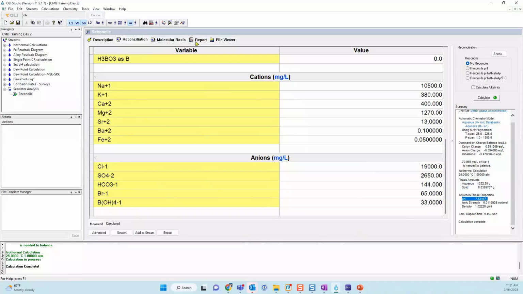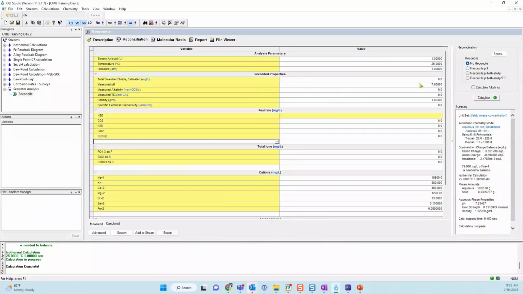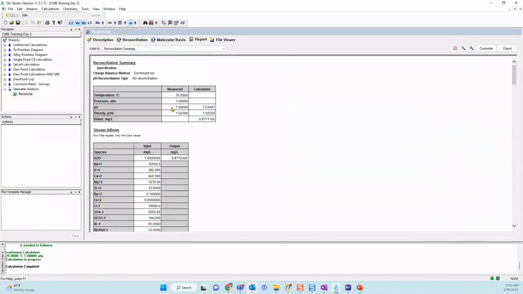Then you go to the report. The report, again, is going to be slightly different because this is not a stream, this is an ionic stream. So this is what I was talking about, why we enter the values in this section here, right, in the recorded properties. These recorded property values will come here to the report, and you can now compare what was measured versus what was calculated in the software.